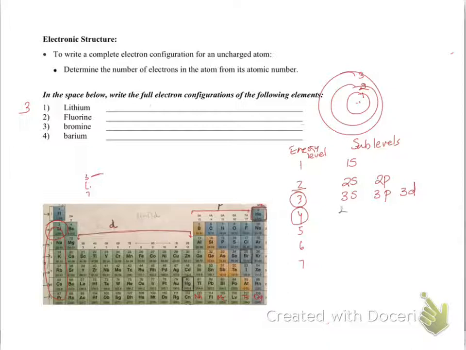Fourth energy level, four sublevels, call them 4s, 4p, 4d, 4f. Then fifth and so on, we can keep writing 5d, f, 6s, 6p, 6d.